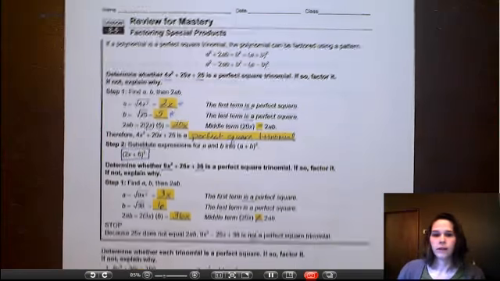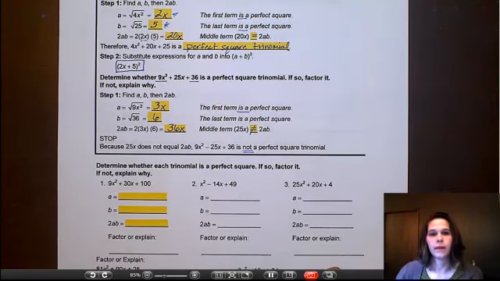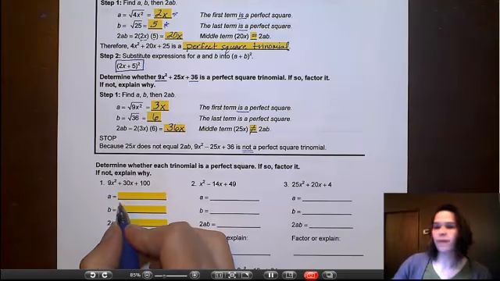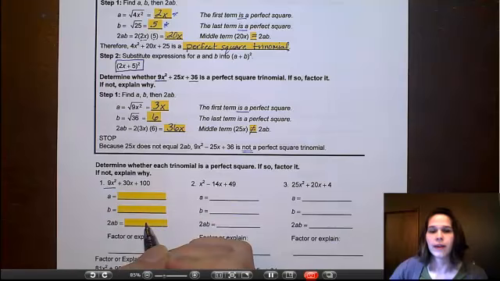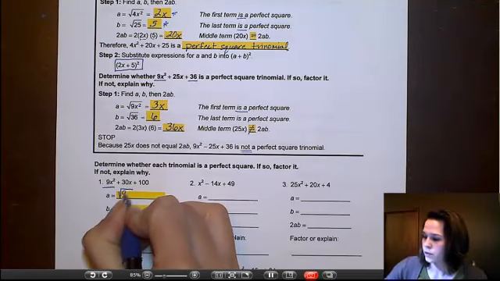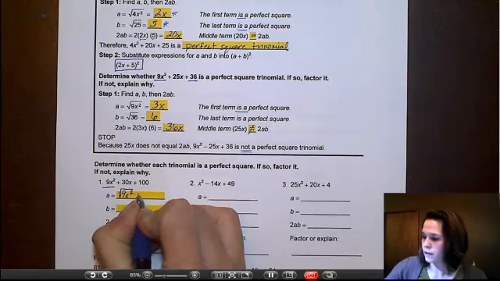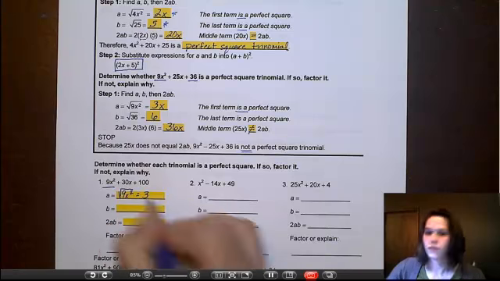Let's go down and do one of these problems together. First let's find our a value. Remember, a comes from my first term, 9x squared, except I take the square root of that. The square root of 9 is 3.